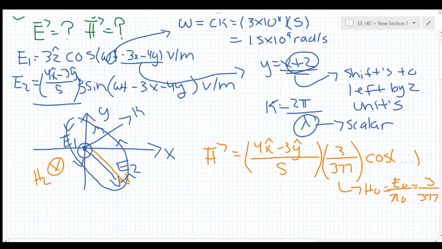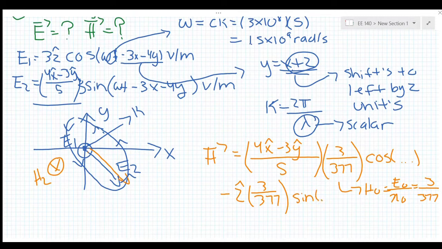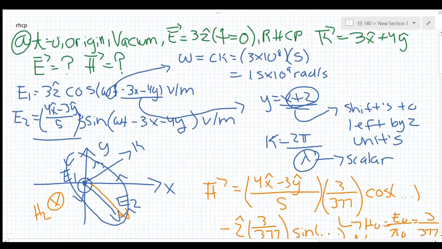So H2 is defined as being in the negative z hat direction. Our magnitude is the same, with sine and the same time and space components. The units are amps per meter. And that is the answer to this example.